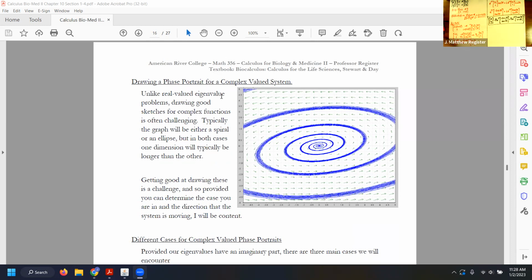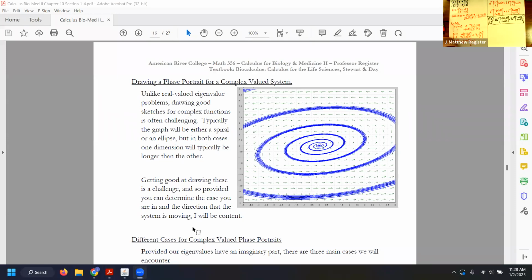So unlike real valued eigenvalue problems, drawing good sketches for complex functions is often challenging. Typically, the graph will either be a spiral or an ellipse, but in both cases, one dimension will typically be longer than the other. Getting good at drawing these is a challenge, and so provided you can determine the case you are in and the direction that the system is moving, I will be content.